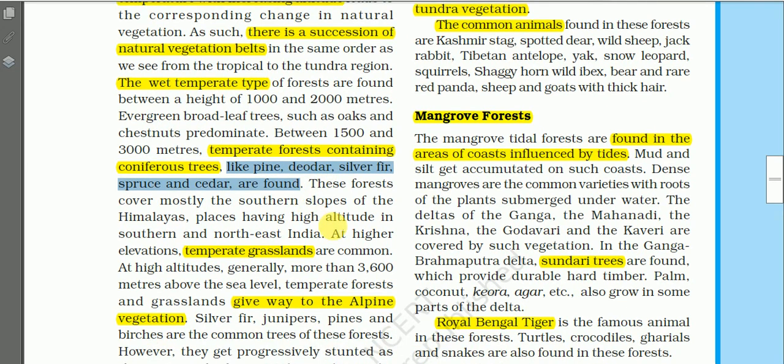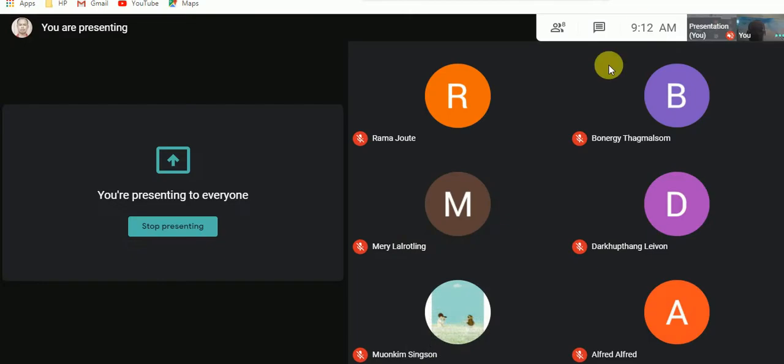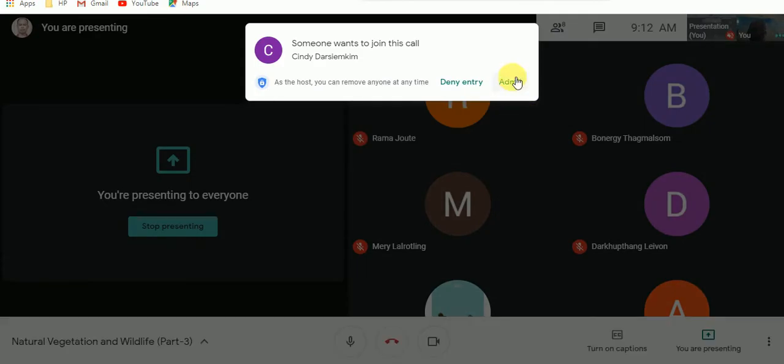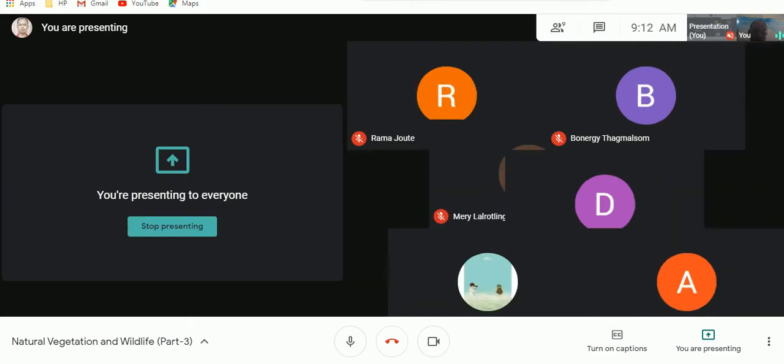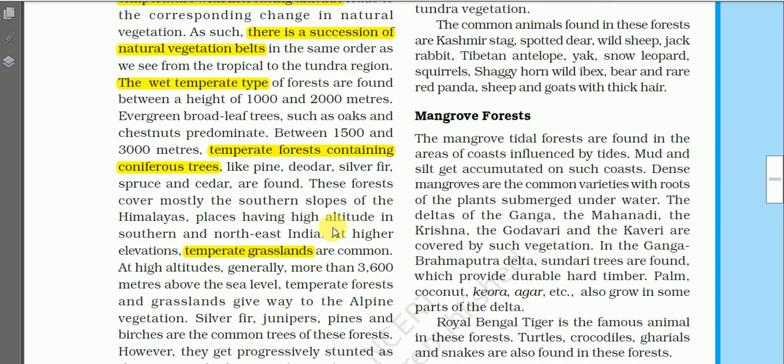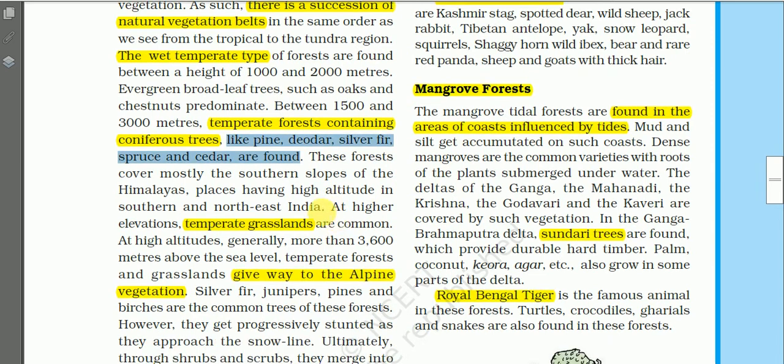So these are the important trees found between 1,500 and 3,000 meters above the sea level. As we have learned, these trees are mainly grown on the southern slopes of the Himalayas.